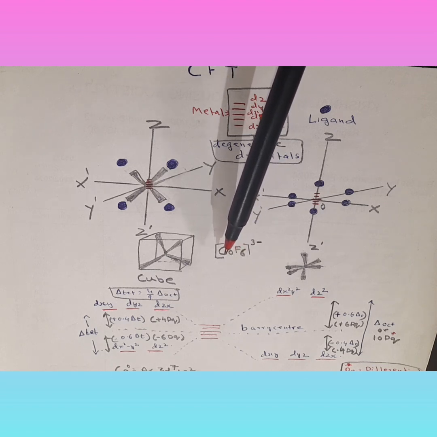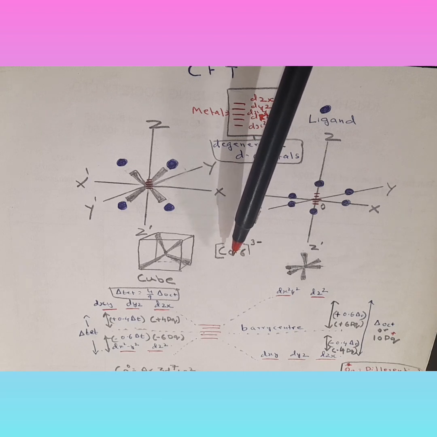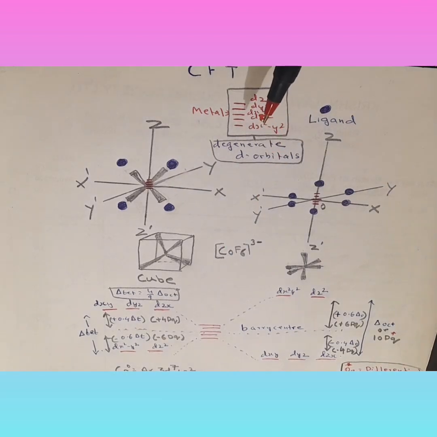So when we talk about d orbitals of metals, we have to recap our knowledge about d orbitals. There are 5 d orbitals, which are dx square minus y square, where the electron cloud lies on the x and y axes, dz square, where the electron cloud lies on the z axis, then we have dxy, dyz, and dzx, where the electron cloud lies in between the axes.